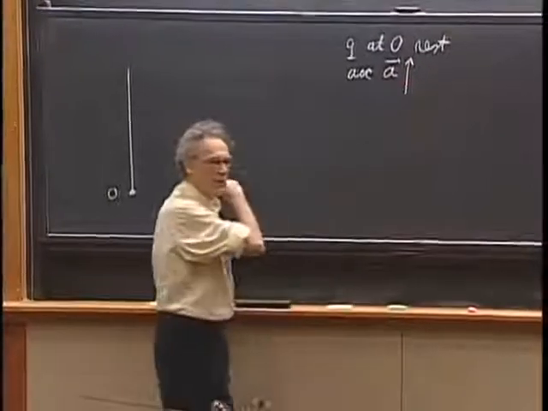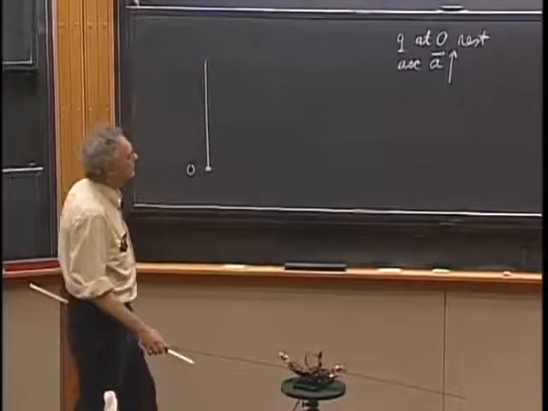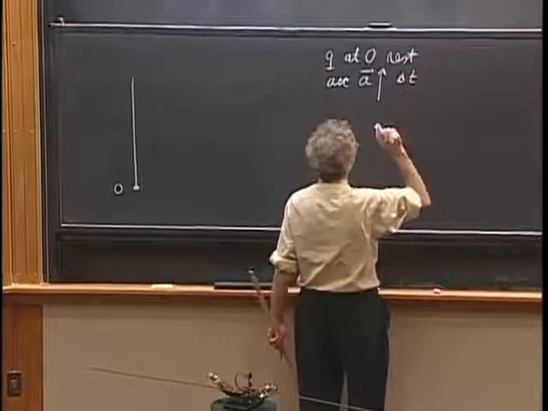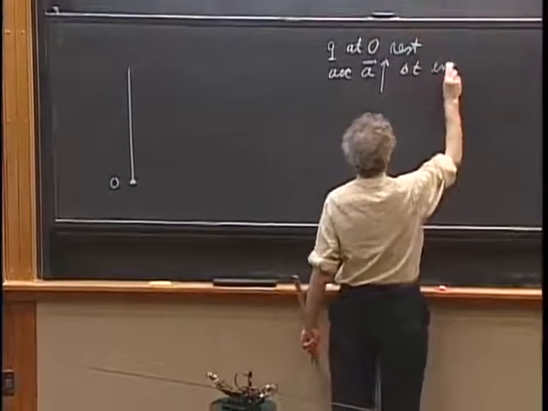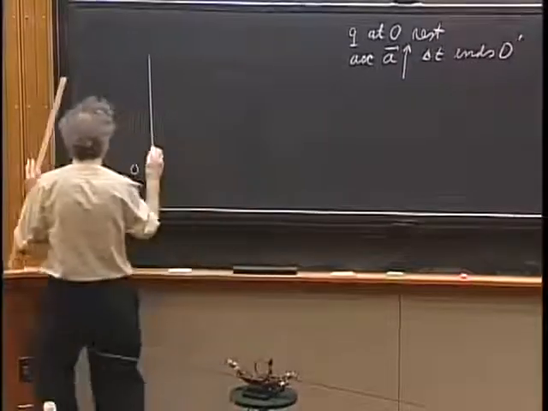I will not put the vector in there now, I will do that later, otherwise the figure becomes too complicated. And I do that for delta t seconds, only very brief. And then it ends up at location O prime, which is here.